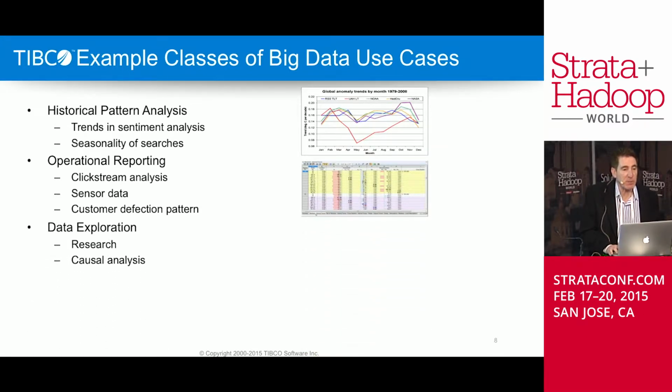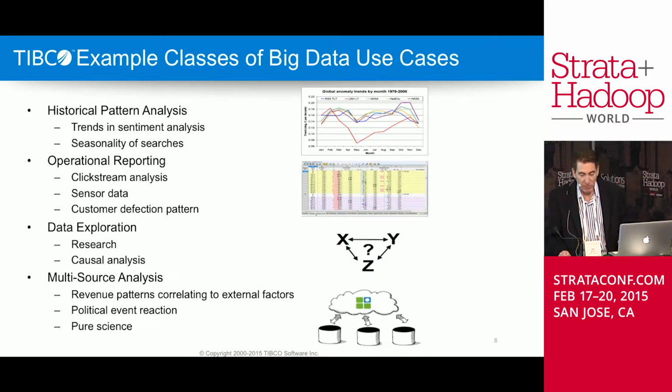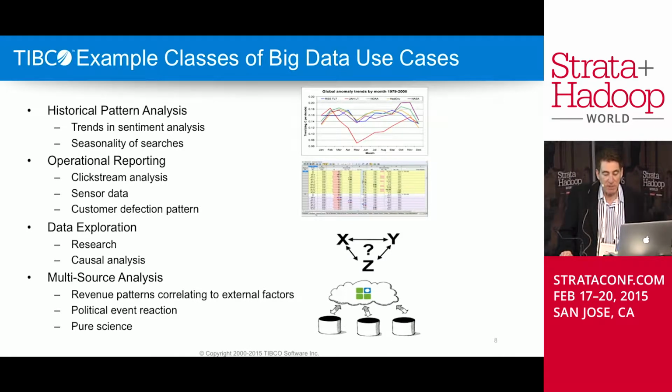Data exploration by data scientists for things like research and causal analysis. And finally, multi-source analysis, bringing data in from disparate data sources to find patterns in revenue, for example, that might correlate to external factors, looking at political science type of analysis, or even pure science research in physics, chemistry, the medical sciences, etc.